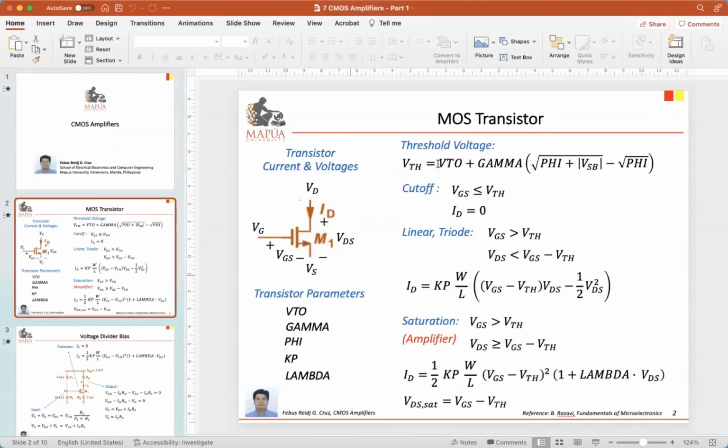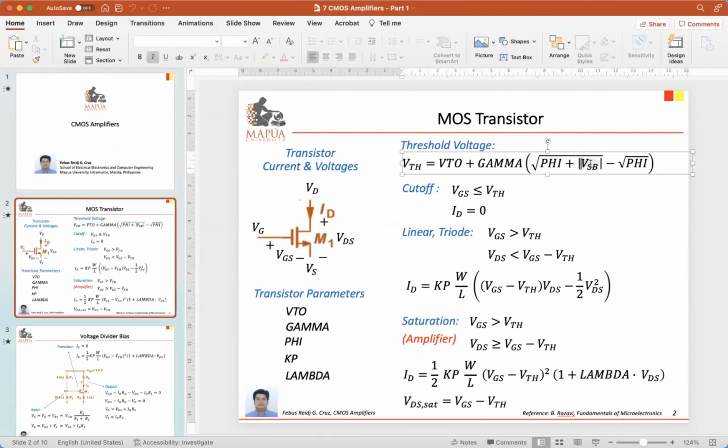All right, so can you see the slides? Yes po sir. All right, so in case VSB is given, ito yung parameter na to. In case the VSB is given, you have to calculate the VTH. Okay, kung sakaling given yung VSB.